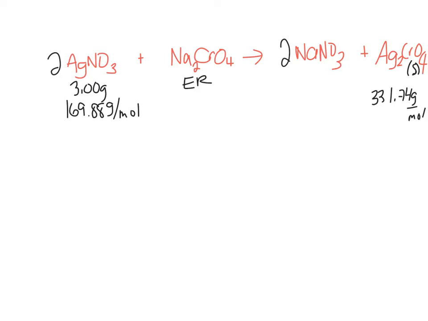Okay? So, theoretical yield. However you do it now. Figure out the mass of silver chromate we can theoretically make if 3 grams of silver nitrate are used.